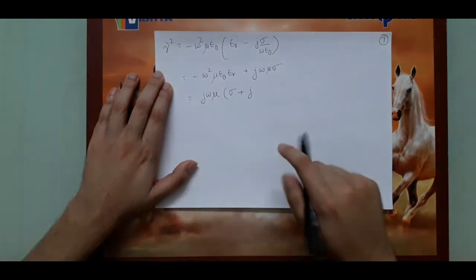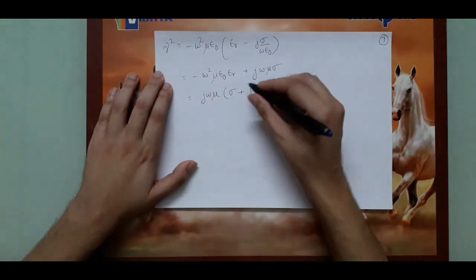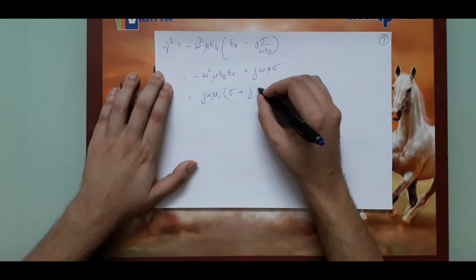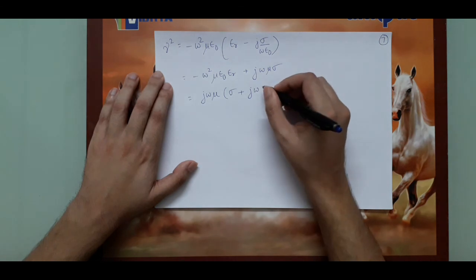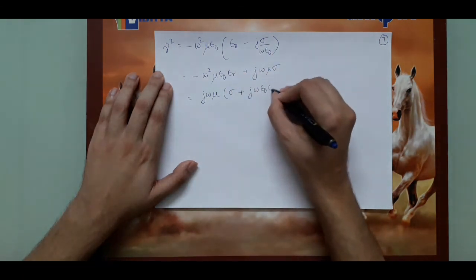I can take a j common out here and that would become minus 1 by j, which is again a j. So this will be j omega epsilon 0 epsilon r.